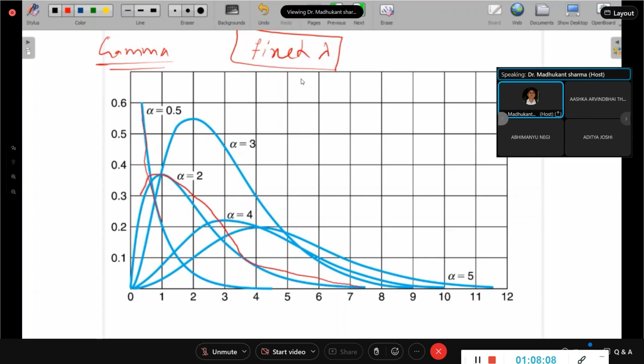Now alpha equals 3. You may later on learn about positively skewed or negatively skewed. Now alpha equals 4, you have this one, and alpha equals 5 is this. Can you tell me what will happen if you keep increasing alpha, let's say to 10 or 20? Where is this curve tending to?